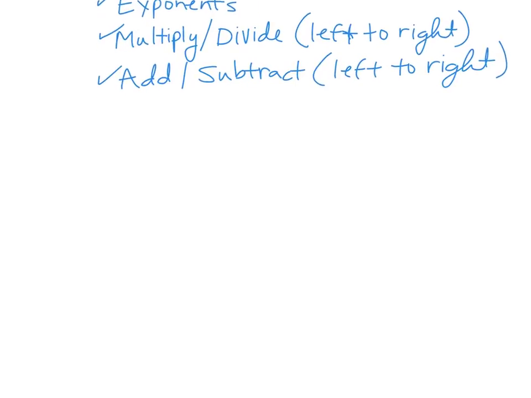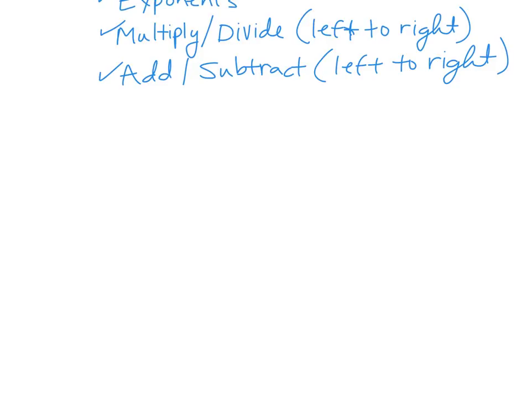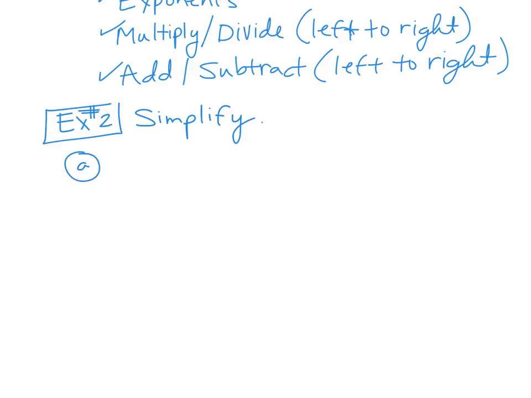Good? Okay, so this is example 2. And it's going to say, simplify. So for our first one, we have 9 minus 3 in parentheses, squared, and then divided by 4.